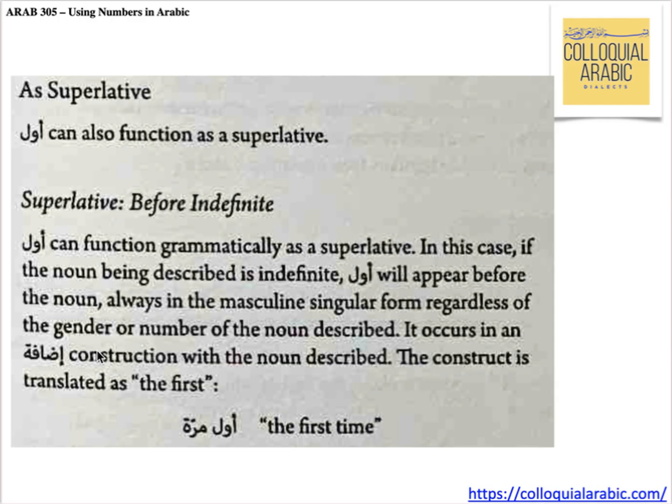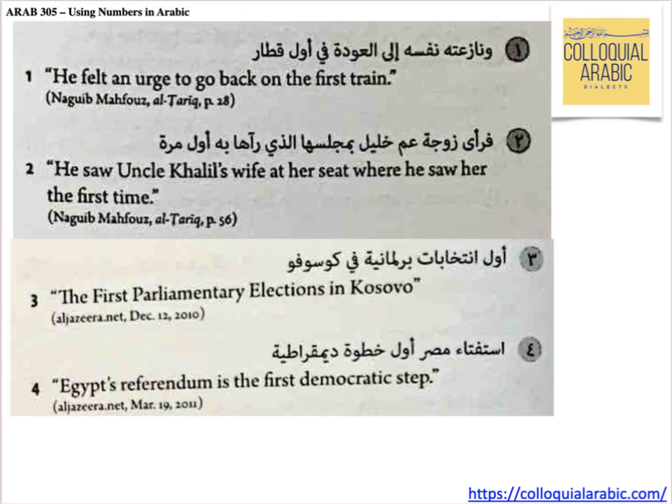Moreover, it occurs in an idafa, a genitive construction with the noun being described. The construct is translated as the first, awwal marratin, so this makes it genitive. That's very important to remember: it appears in the idafa construction, so we have to give the noun a genitive case after the superlative awwal. Let's look at some examples of the usage of number one as superlative before the indefinite.